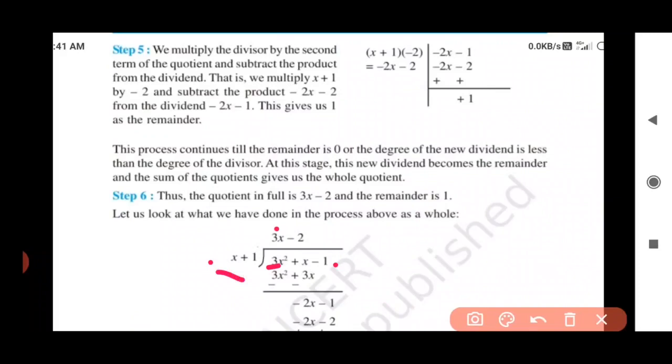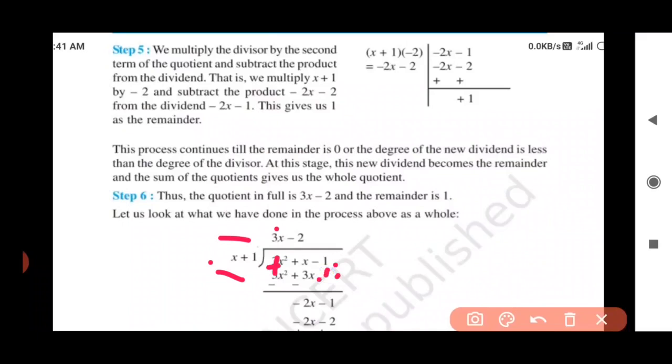Step number 3, multiply the quotient by the divisor: 3x into x, 3x squared, plus 3x into 1, 3x. After that we subtract them, so change the sign. Plus means minus, minus means plus. So 3x squared minus 3x squared is 0. x minus 3x, you get minus 2x, so the remaining term is minus 1.